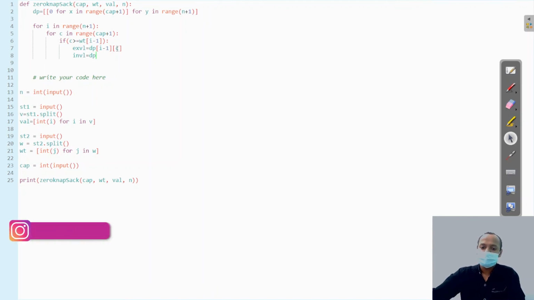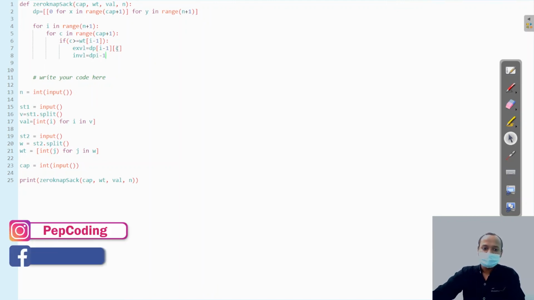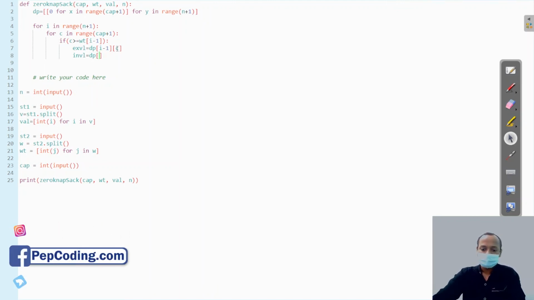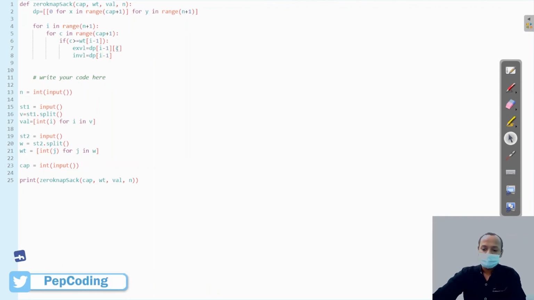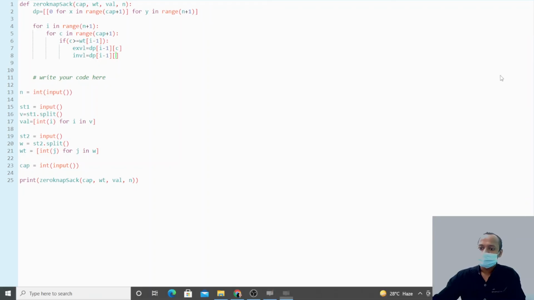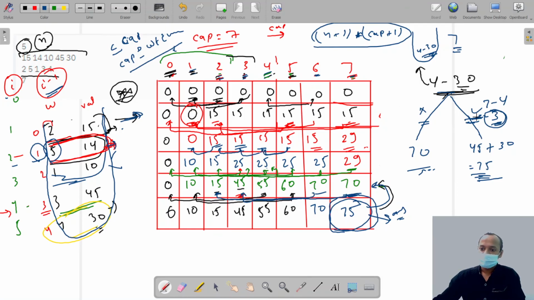Now if we include this item, what is the include value? That is dp of i minus 1, and if we include this item, we have to subtract the weight of the item from our capacity. Let's suppose capacity is c, so we subtract the weight of i minus 1.